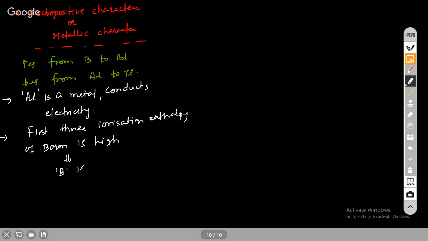Hence boron is a non-metal, a bad conductor of electricity. Right? Aluminium is a metal, boron is a non-metal.